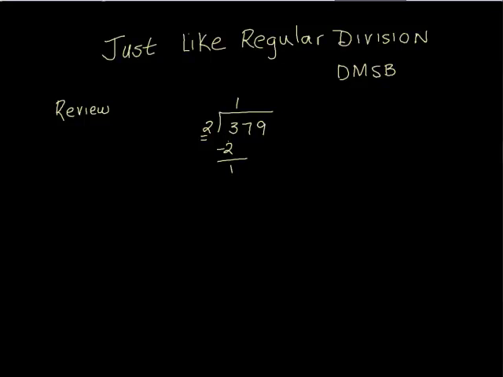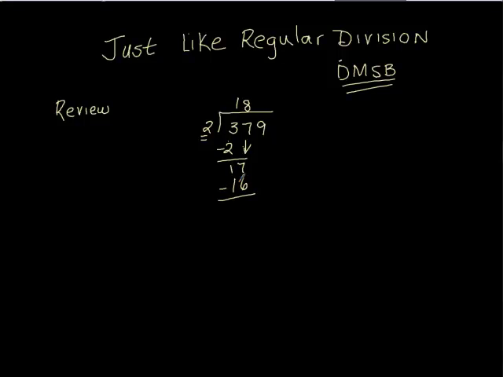Now we bring down. This is going to get super important in a minute. So I'm going to bring this 7 down. That gets us back to the front again. And then we're going to divide, right? 17 divided by 2. What can we get without going over? I think we get 8. 8 times 2 is 16. So we divided, we multiplied. Now we subtract, we take its opposite.